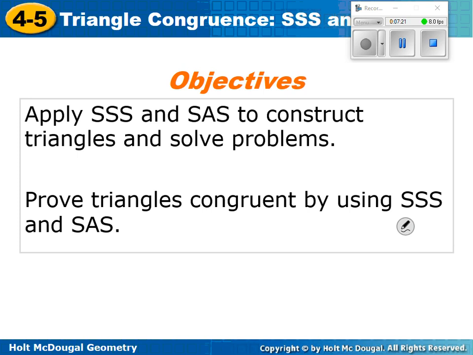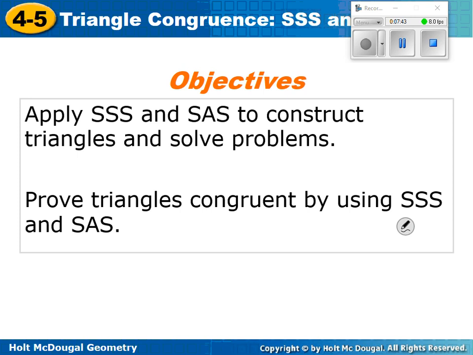Or if you want to read it as side, angle, it's still coming before or after the 2 angles, no matter which direction you go, clockwise or counterclockwise. Do you see the difference between angle, side, angle and angle, side? Because those are often confused. But both of them are shortcuts to proving that 2 triangles are congruent.